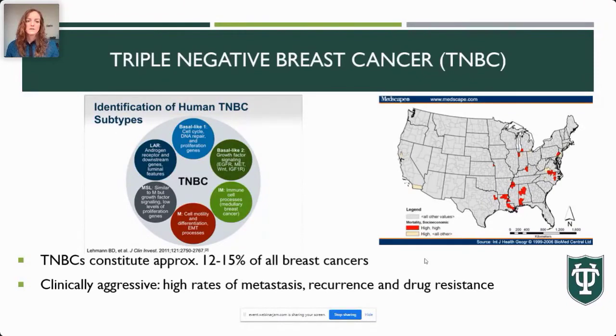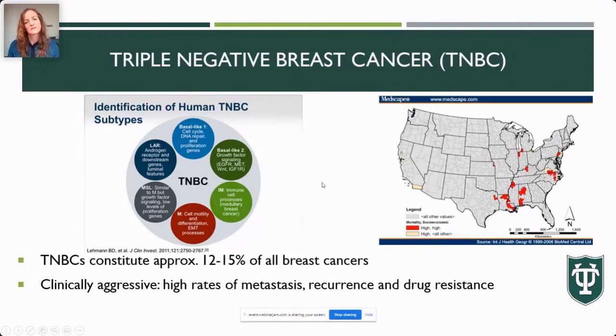And as an umbrella term, you can imagine that TNBC encompasses a variety of different cancers. And there have been efforts to further subclassify the subtype based on molecular features or behavior of the cancers themselves.